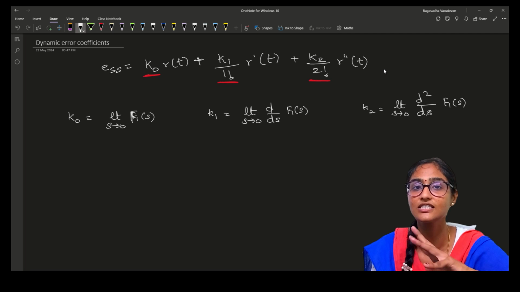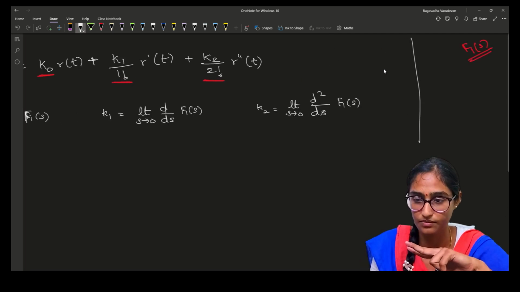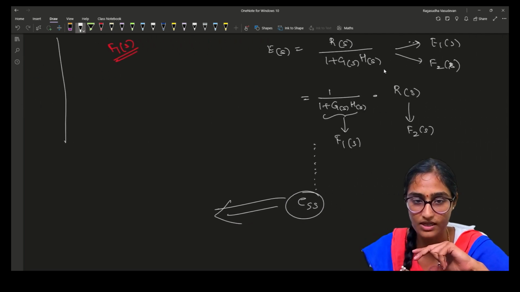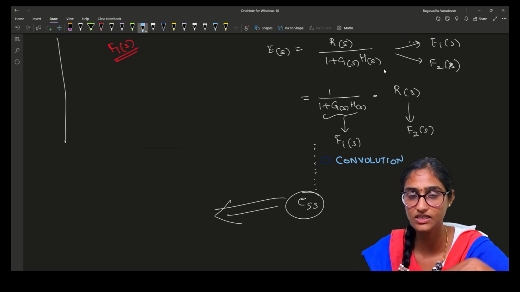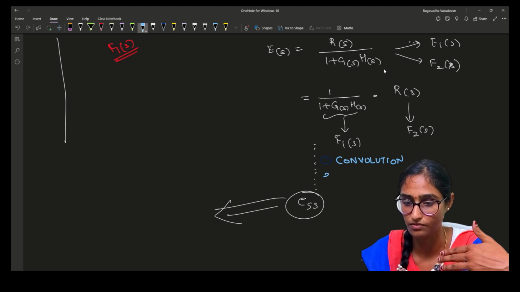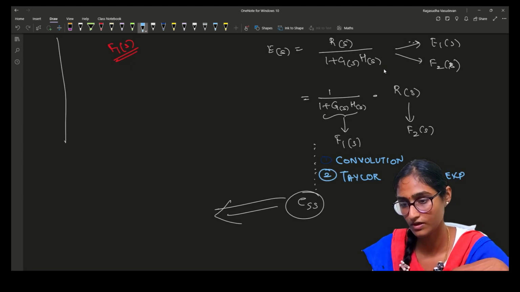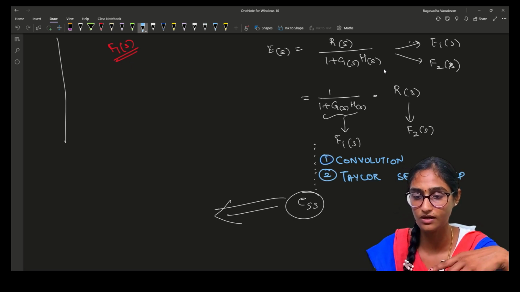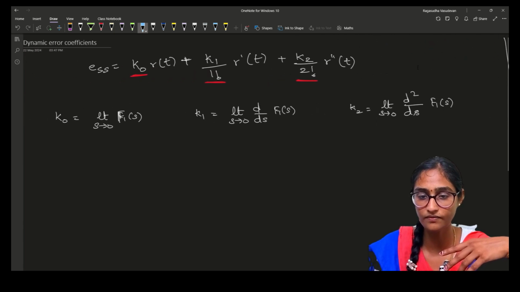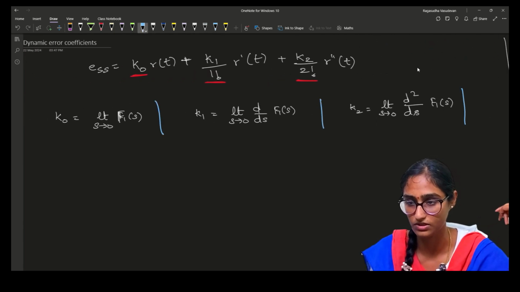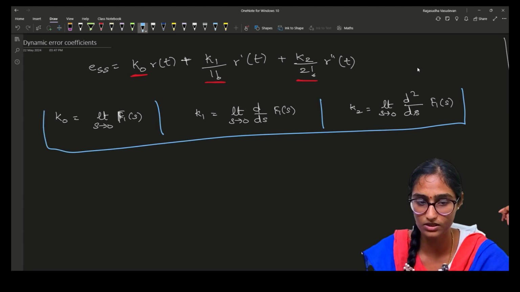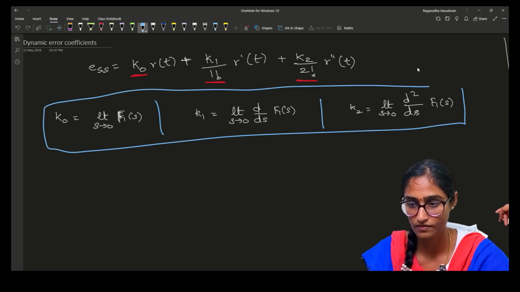Between these dots there are just two steps: take the convolution, expand by Taylor series and find the inverse Laplace transform. If you follow these two steps, you will get the steady state error like this. So K0, K1 and K2 are the dynamic error coefficients.